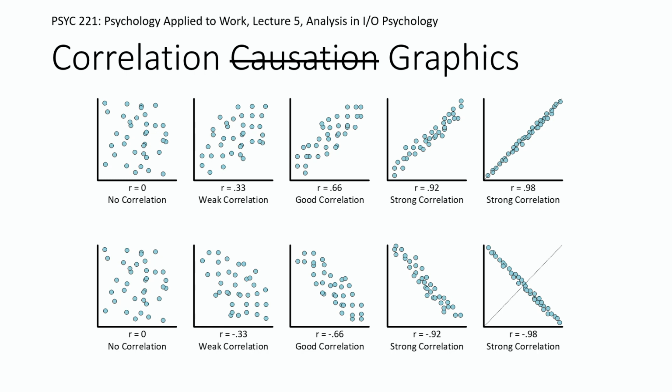You'd think, you see an R value of 0.33 there on the second one from the left, and then next to it is an R value of 0.66, and you'd think, oh, that's half as strong, but it's not the right way to look at it, and we're not going to get into R squared, but if you square them, that difference becomes higher. But just look at the patterning of the data, and hopefully when we're done with the next couple slides, it'll make sense why this really matters.